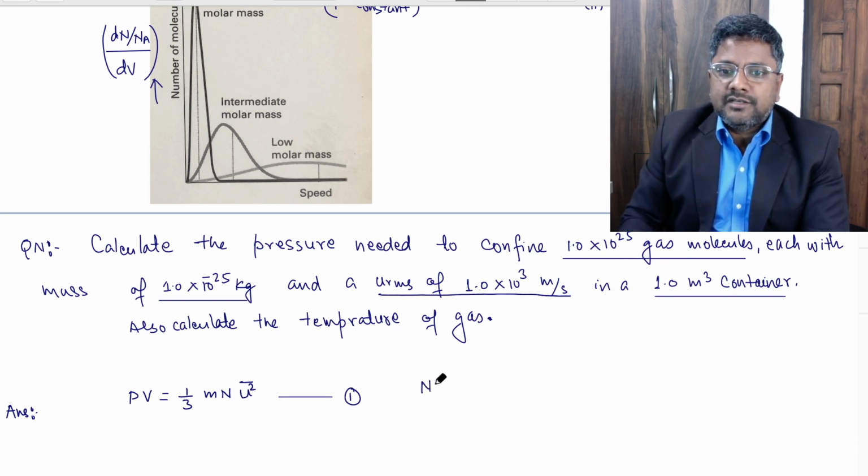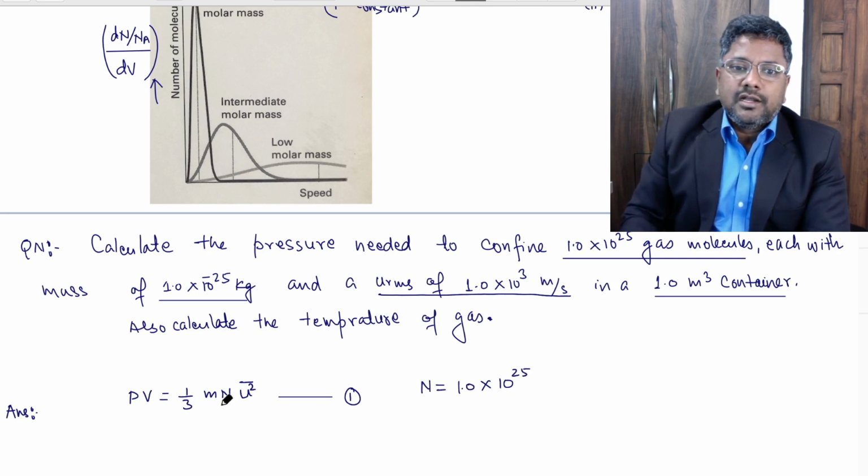Capital N is given. Capital N is equal to 1.0 into 10 to the power 25 molecules, and small m is given. Small m is 1.0 into 10 to the power minus 25 kilogram.